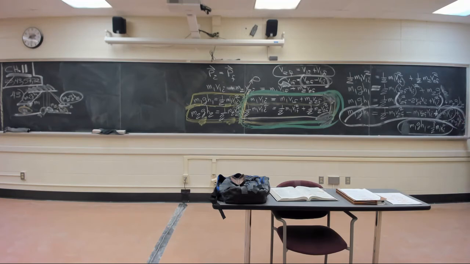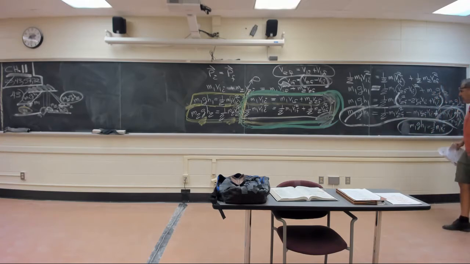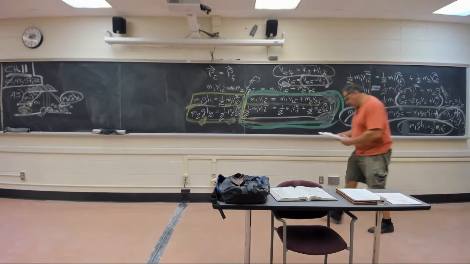M2GH2, I hope that's a little more clear to you guys. It was being added. M2GH2, leave that alone and get all these other guys over to the other side. Add a positive M1V2F V1I on each side, and add a negative 1/2 M1 V2F squared on each side, and just leave this guy to stay, M2GH2.